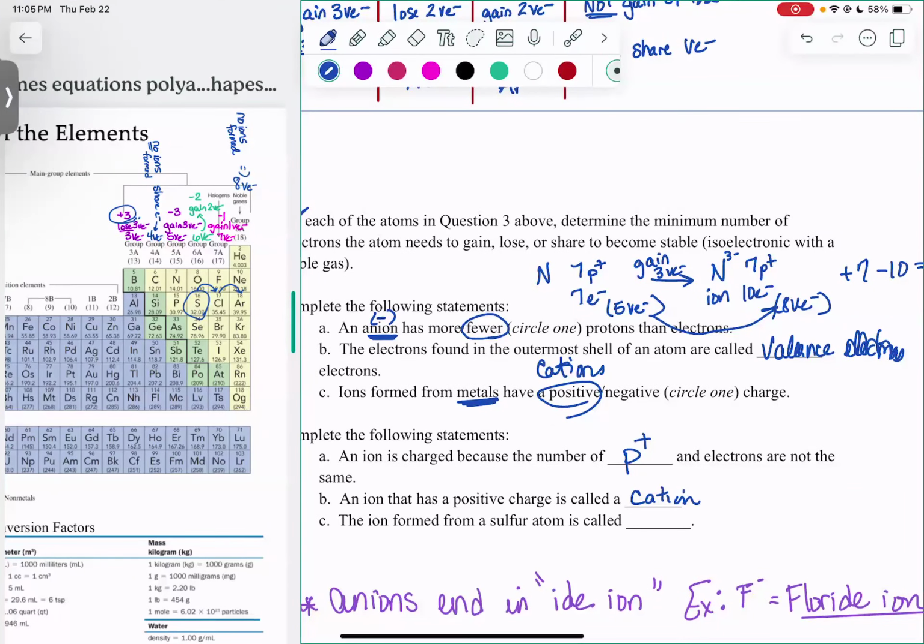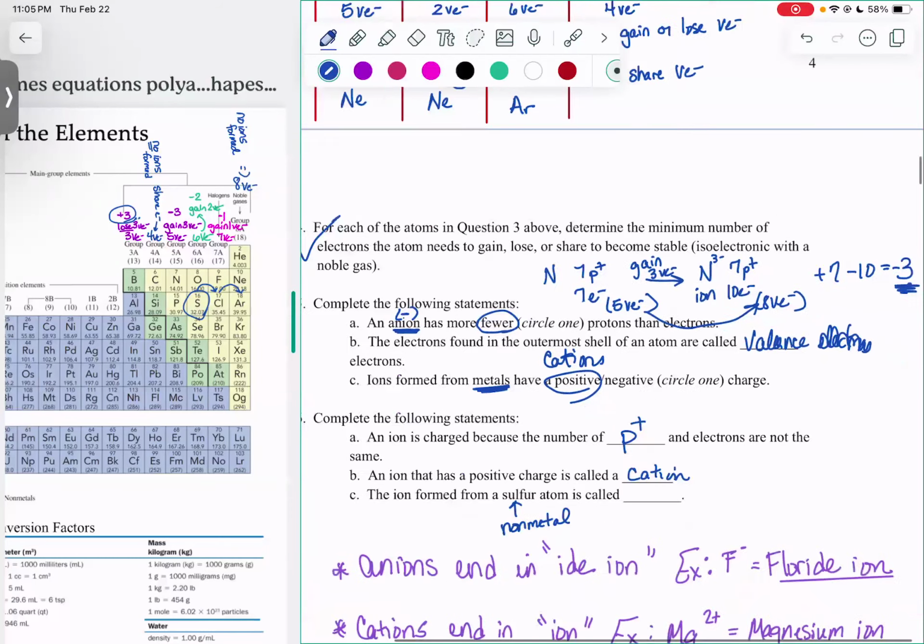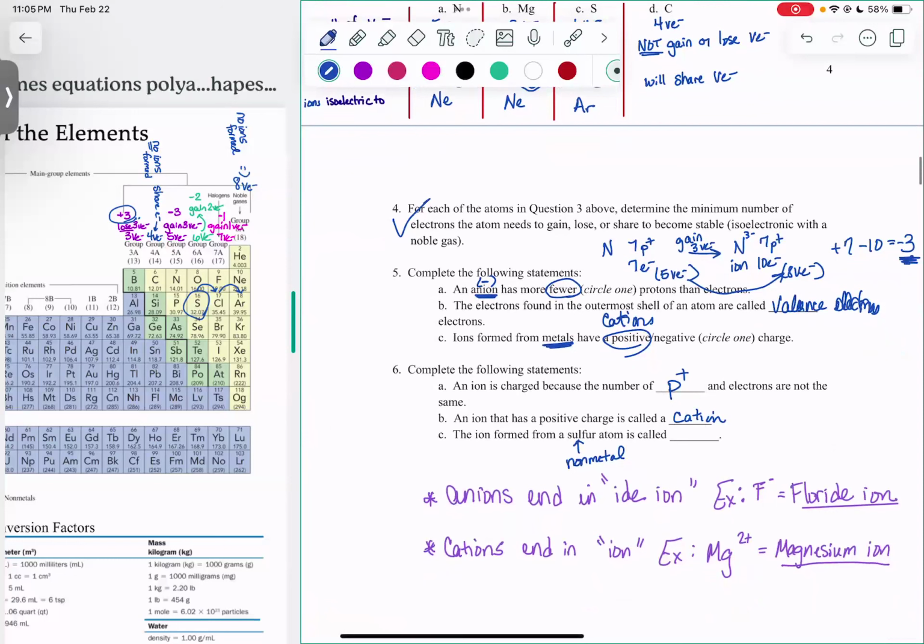Cation. Let's see. The ion formed from a sulfur atom is called, now we have to name it. So we take the name of the element if it's a metal. But this is sulfur, so this is a non-metal. The rule for a non-metal is that it's going to turn into an anion, and an anion is going to end in -ide and then ion.